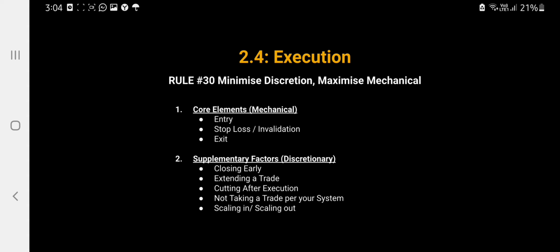Now, you do also have supplementary factors, which are the discretionary elements, such as closing a trade early, extending a trade beyond where you were originally going to, cutting it immediately after you enter, or not taking a trade per your system, so you get a setup but decide not to take it for whatever reason.